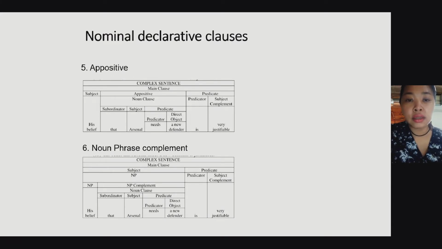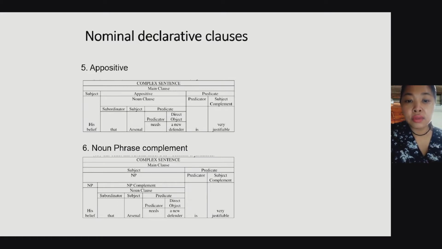And here is the appositive. So appositive is subject, noun clause, or subject appositive. Appositive is the noun clause and predicate. And for noun phrase complement, it is noun phrase as a subject and then predicate.